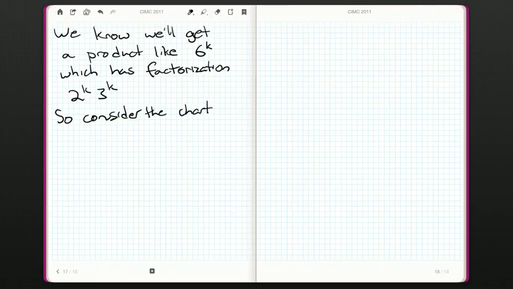So if we wanted to figure out the positive integer divisors of 6 to the 16, we'd draw another chart.